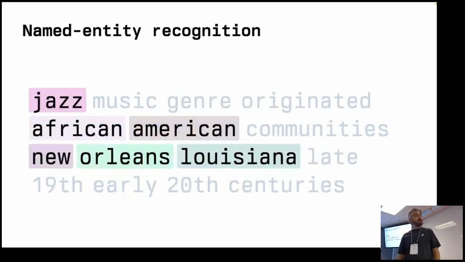Another thing you might want to do is named entity recognition. This is a whole area of research, but basically there are things in this paragraph that are concepts, and you might want to extract those out to give them more weight. For example, if I type jazz and I know that's an entity, or if I type the name of someone, then there's an opportunity to give more weight to that token.